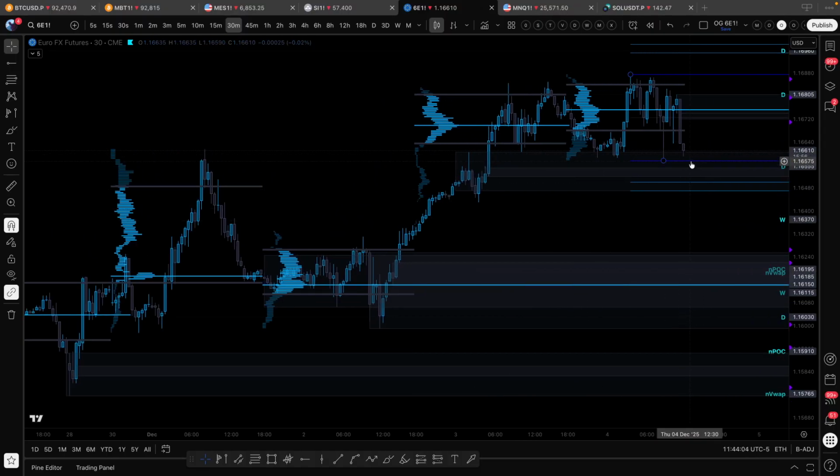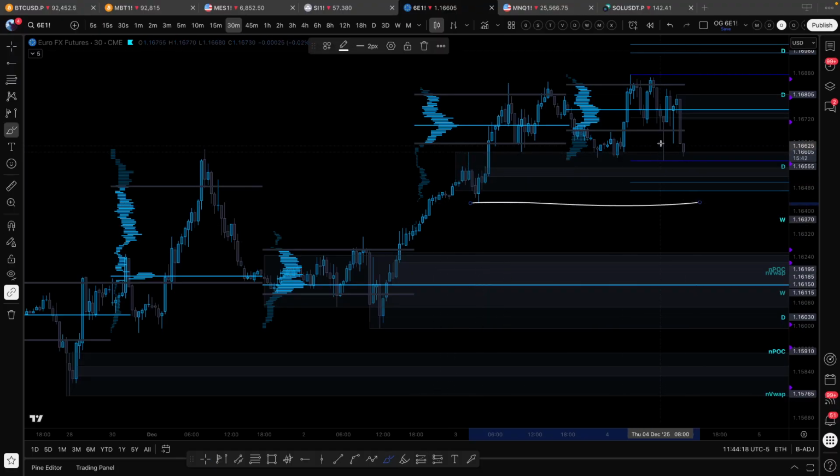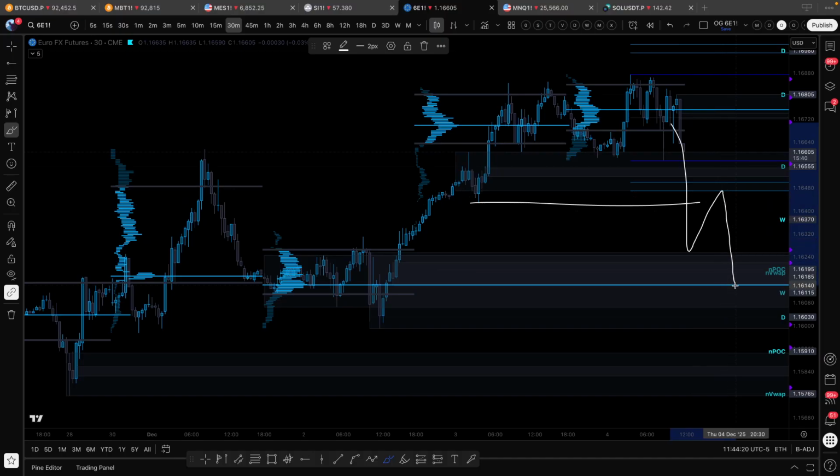So if we do lose this area, again, this is your value area. That was the day before this value area that we're falling out of now. So if we break below this low here, I want to see a short from this area down to this area here. And this is going to be your long.